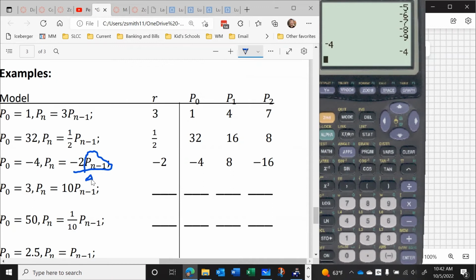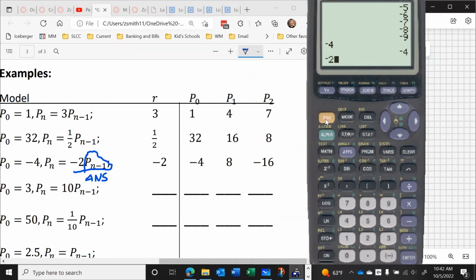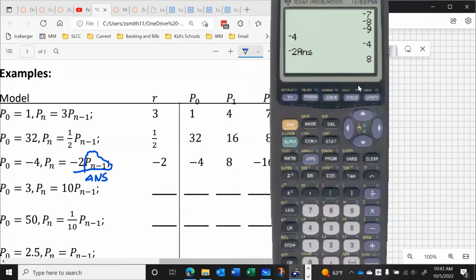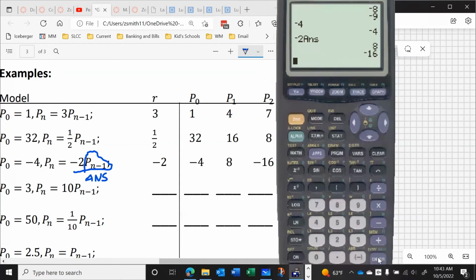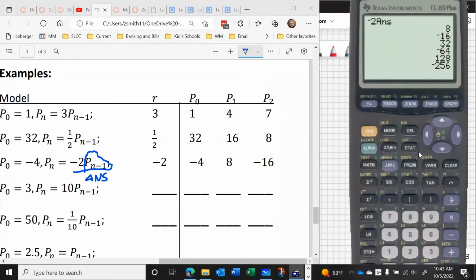Oh, I cannot do that with my mouse. So I have a pen. There we go. So that's -2 answer. -2 p sub n minus 1. Hit enter. 8. -16. 32, -64. There's the sequence. There's the pattern of numbers. Super easy.